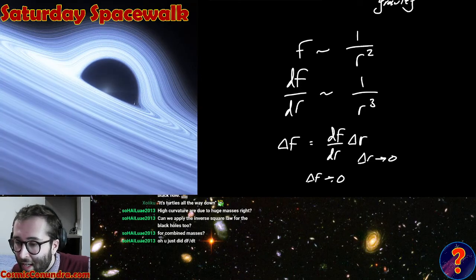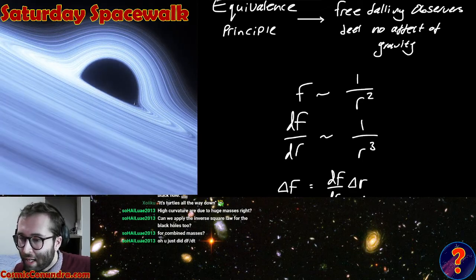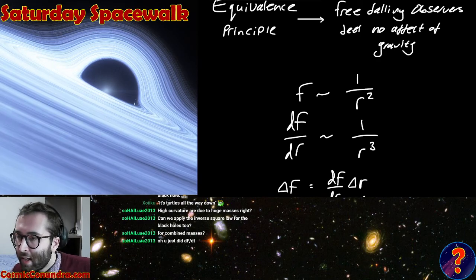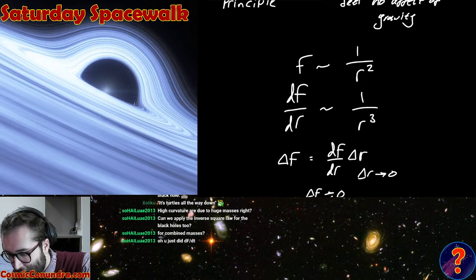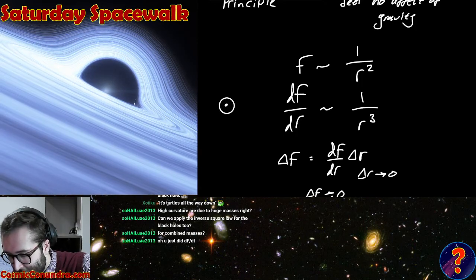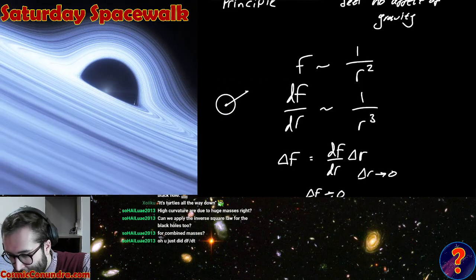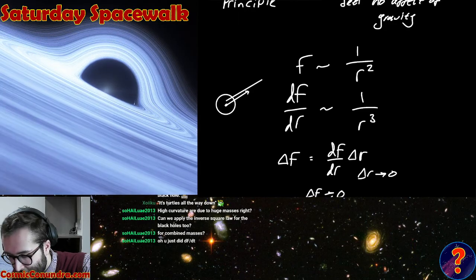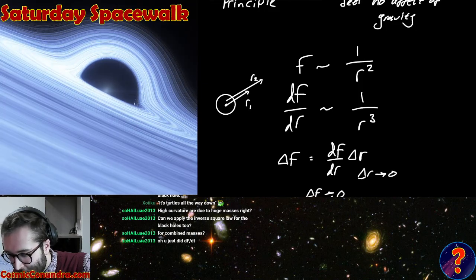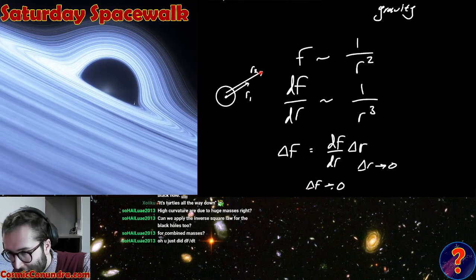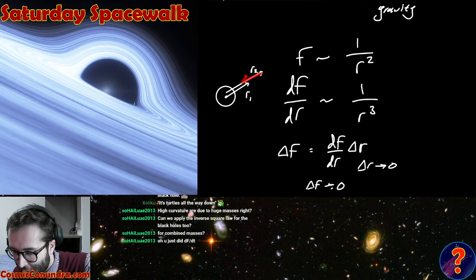No, we didn't do df by dt, we did df by dr, sorry. Of course, you could relate this to df by dt, because your radius will also change with time, but this is just showing how the force will change between two different points. So if here is the center of your mass, the black hole, whatever it is, and first you're at this radius r2, and then you go down to r1, it's looking at the rate of change of the force you would feel as you move from a larger radius to a smaller radius.